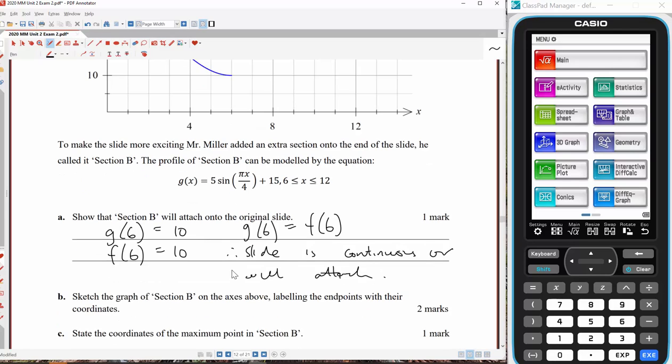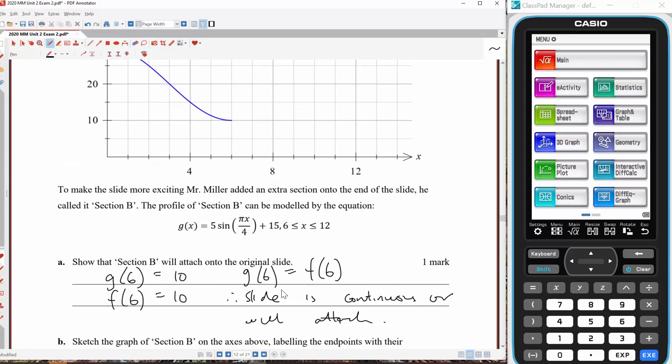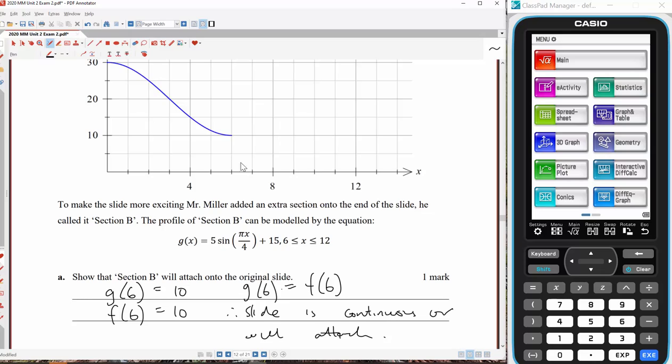Sketch the graph of section B on the axes, labeling the endpoints with coordinates. Let's have a look. We've got a period of 2 pi over pi on 4, which is equal to 8. This is going to be amplitude 5, so 15, there's 15 up.